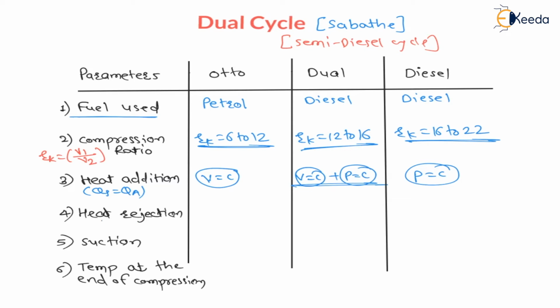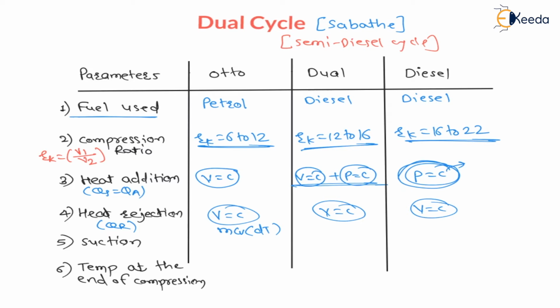The next comparison is heat rejection, which is represented by QR. For the Otto, diesel as well as dual cycle, heat is always rejected at constant volume. Whenever heat is at constant volume, it is represented by m Cv times change in temperature. And whenever heat is at constant pressure, it is represented by m Cp times change in temperature.